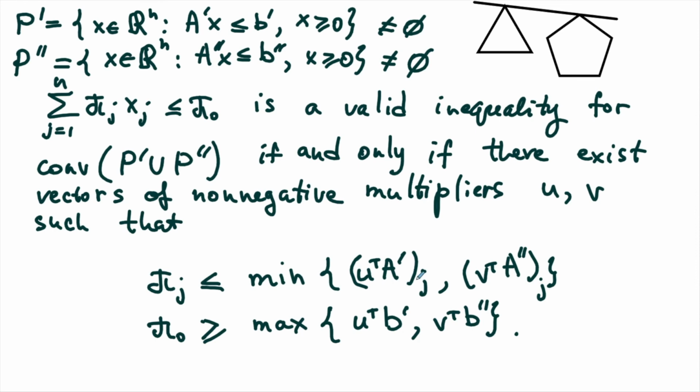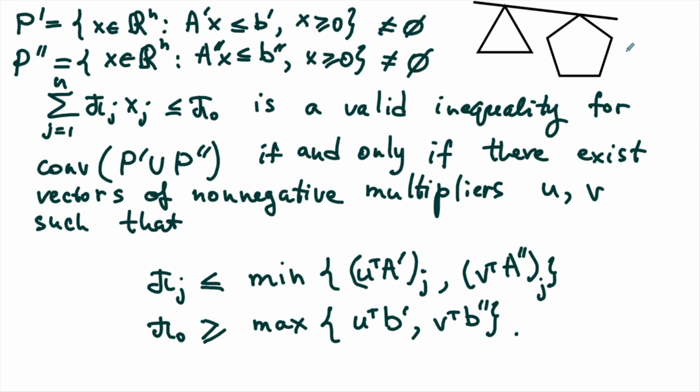Alright, and again, we pick the minimum for each component, and for the right hand side we pick the maximum of these multiplier vectors multiplied by the right hand sides of the respective system. So we pick the maximum of the two, and this statement can be proved in a relatively straightforward fashion by just using the duality theorem.